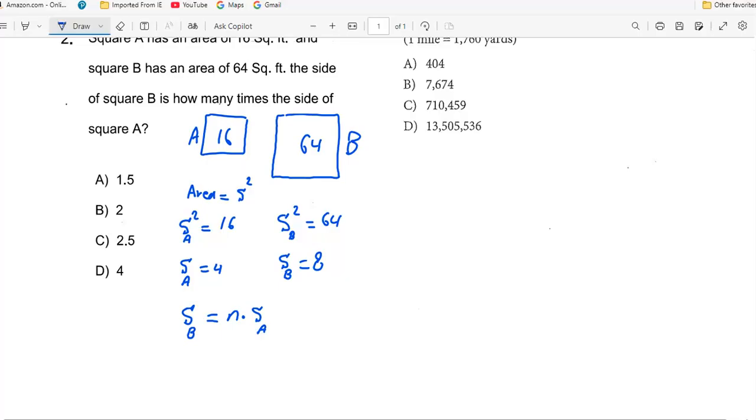Side of square B is 8, equals n times 4. Now if you divide both sides by 4, you get n by itself. So n is 8 over 4, which is 2. So the answer should be 2. The answer is 2.